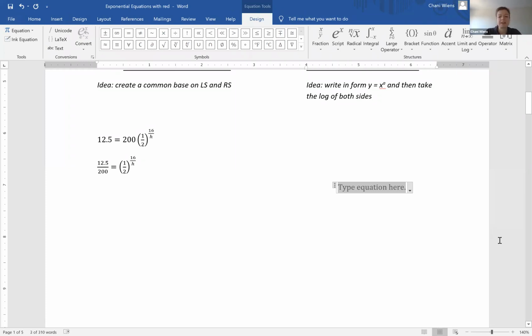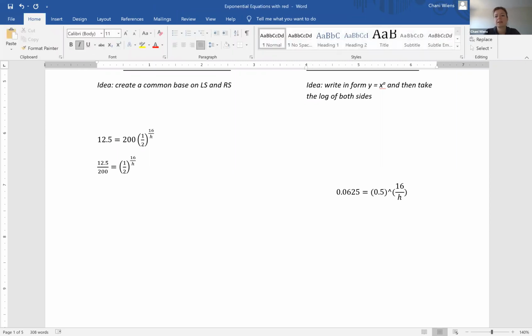The nice thing about this is we can actually use decimals because we're going to be using our calculator more. So 12.5 divided by 200 is 0.0625, and that's equal to 0.5 to the power 16 over h. Notice that I am using decimals in both cases, and that is fine.